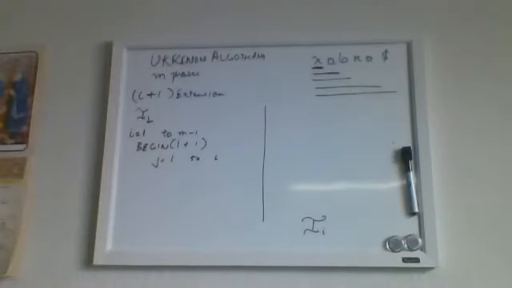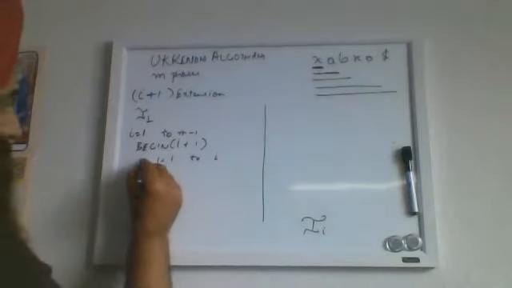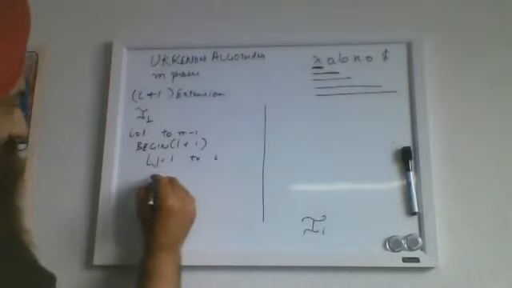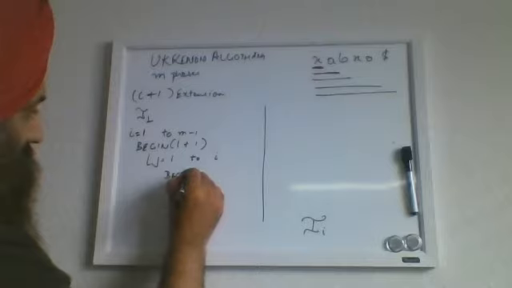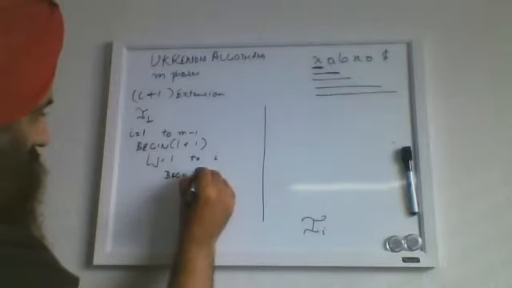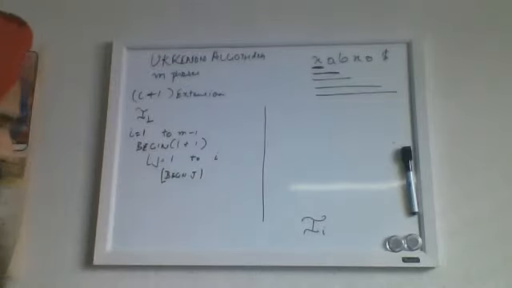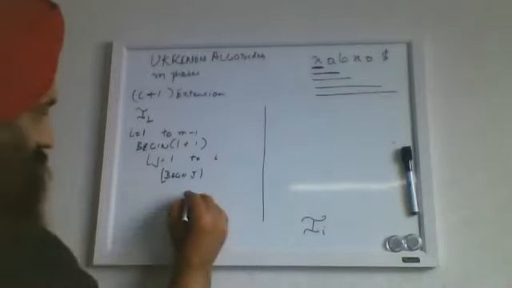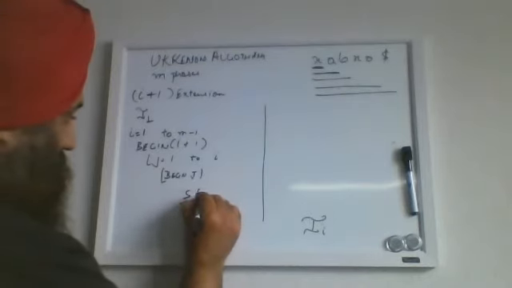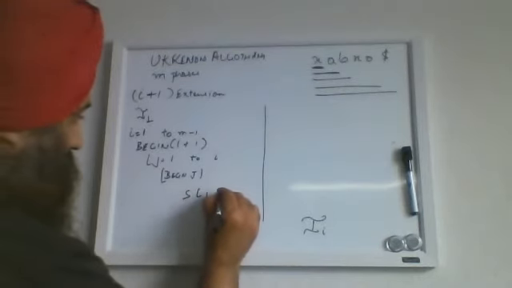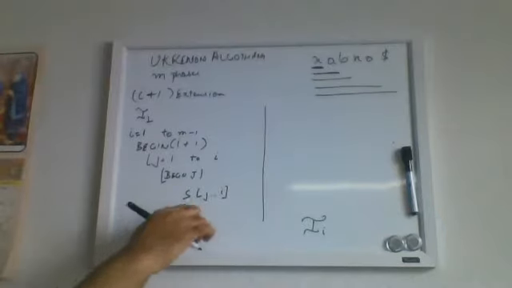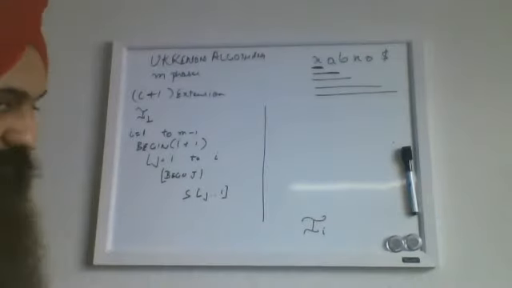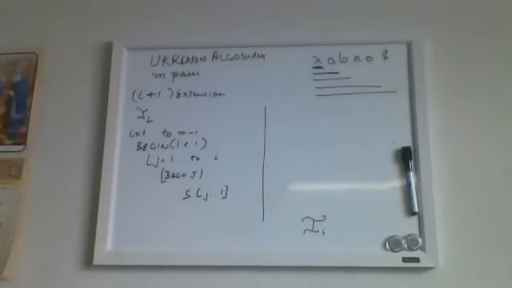Basically, these j will represent your extension. You will begin extension j. In that extension, you take the string S j to i and see that the string is present in the implicit suffix tree that you made in the previous phase.